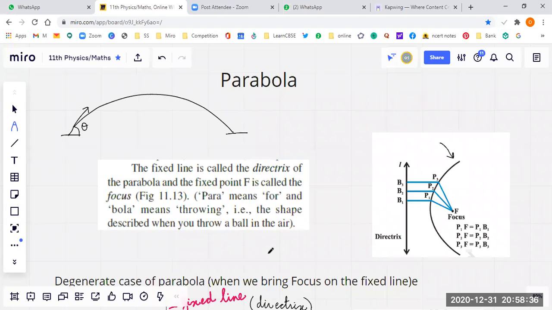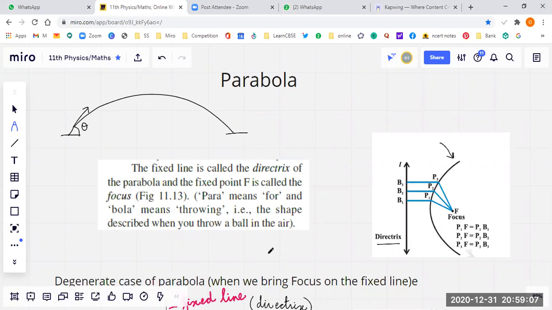Students, in this parabola we have one straight line which is known as the directrix. This is taken as the fixed line. The distance from this line is taken at different positions of the generating point.